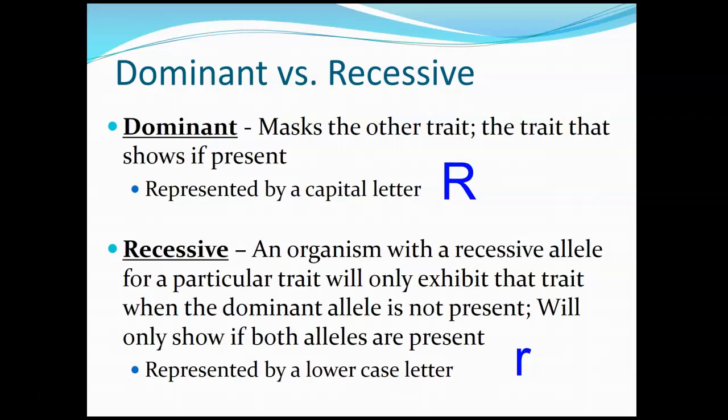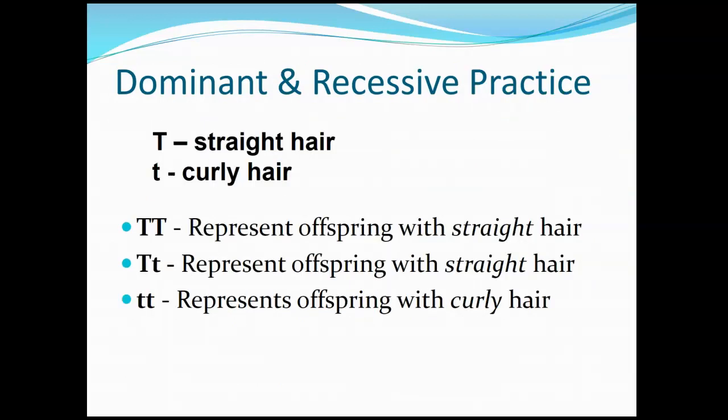We're going to get more into that in a minute. If capital T is straight hair and lowercase t is curly hair, as long as the offspring have a capital T, they will have straight hair. If they have two lowercase t's, they'll have curly hair. So even though this individual has the dominant trait for straight hair and the recessive trait for curly hair, they're going to have straight hair.